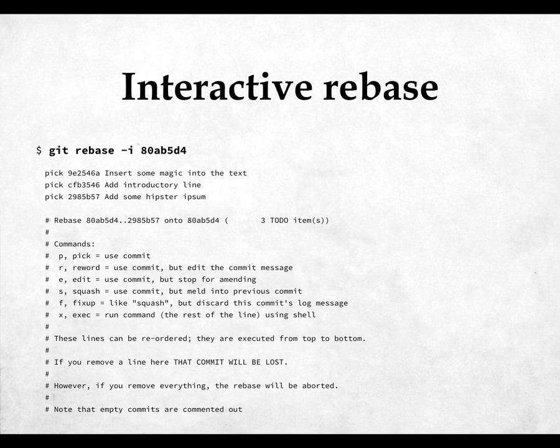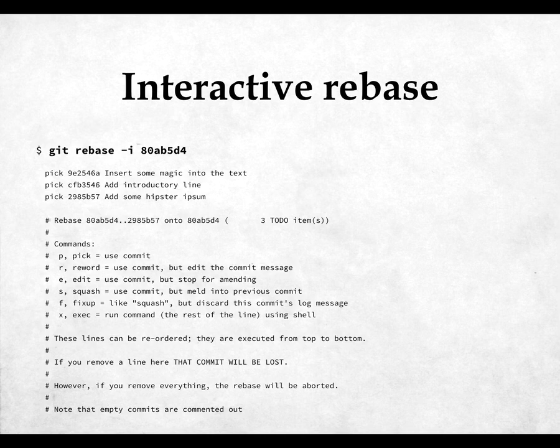And then it tells you a bunch of commands you can use. The default is pick, so it says pick this commit and just apply it as is. If you just exit that file in the editor, it'll just go through and apply the commits, there won't be any changes. Probably the least destructive one is reword. If you change pick to reword or r, then when you get to that commit, it stops and allows you to edit the message.